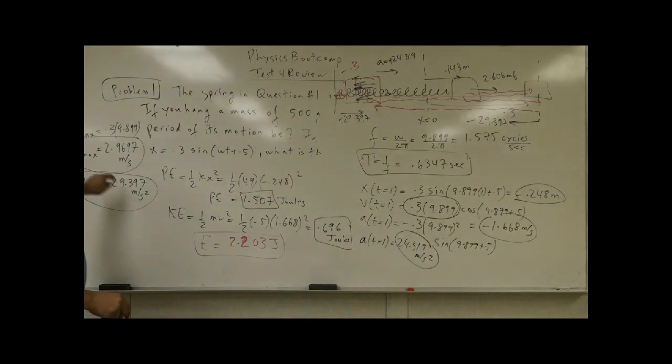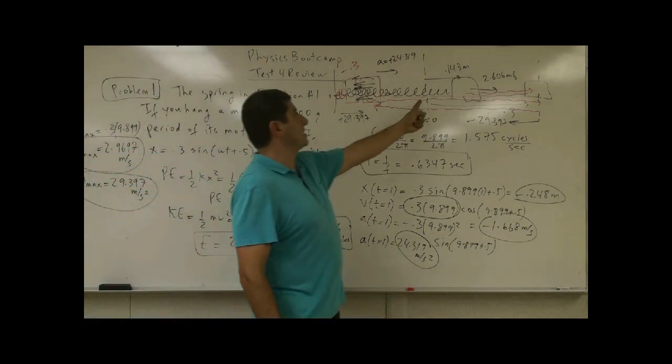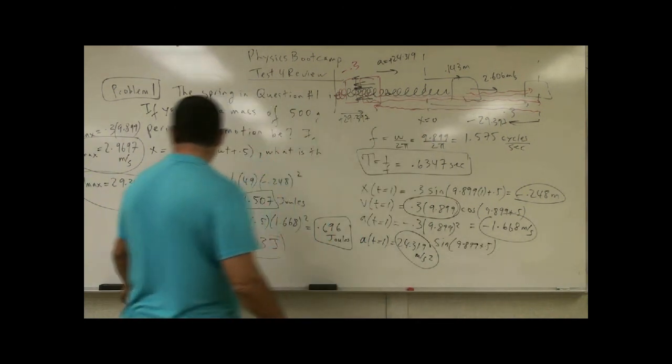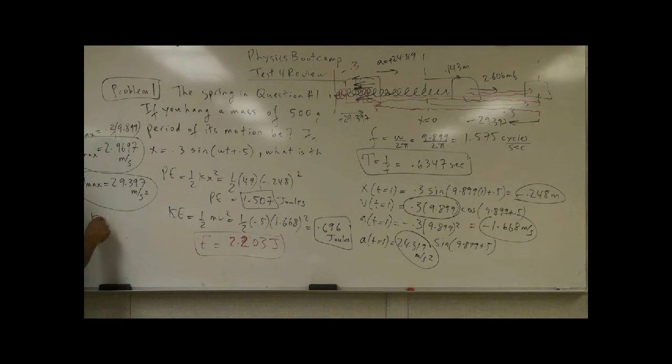Well, since we know the maximum velocity is 2.9697, what's going to be the kinetic energy when it's in the middle? The kinetic energy in the middle is going to equal 1/2 times its mass times this velocity squared, right?